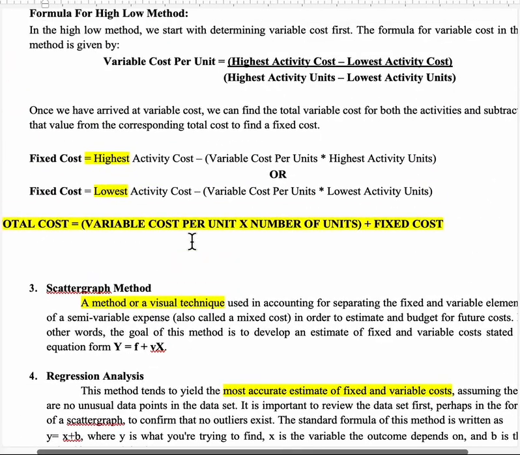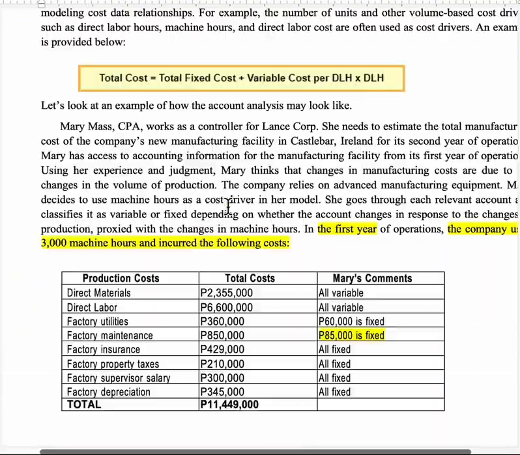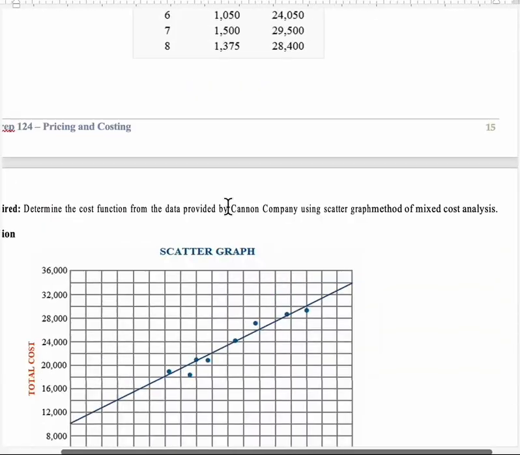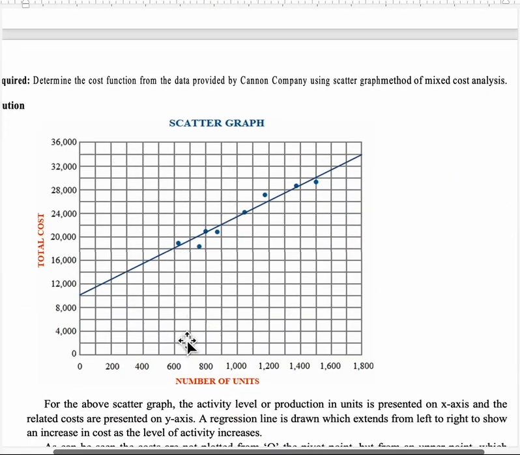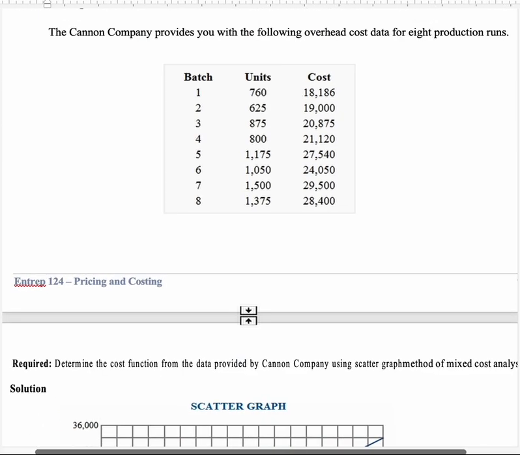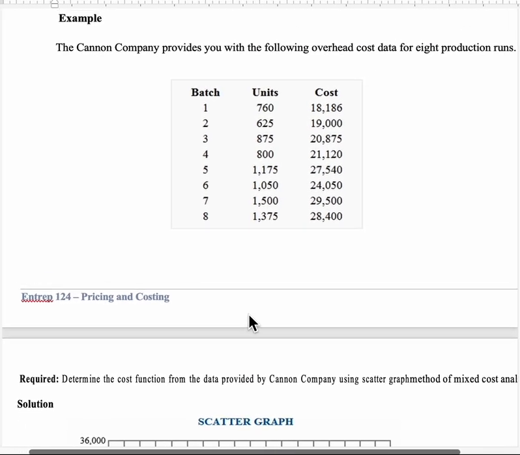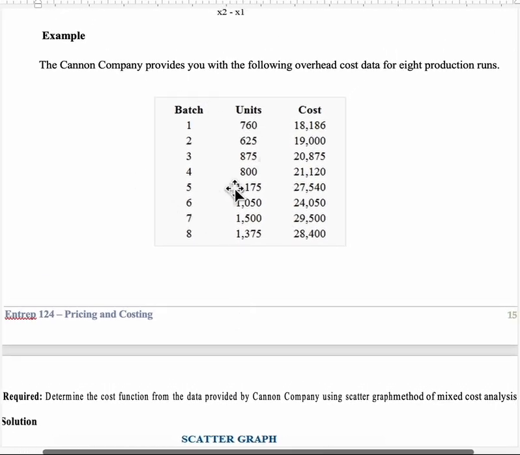The scatter graph, let's go back to number 3. This is a visual technique used in accounting in separating the fixed and variable elements. The scatter graph method looks like this. The graph is scattered, you just plot it based on the given data.